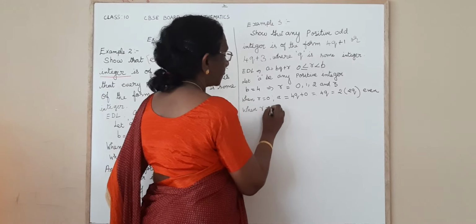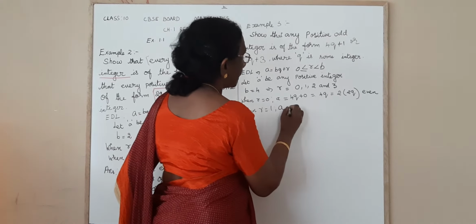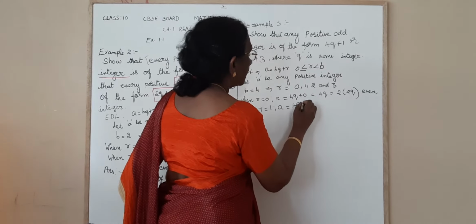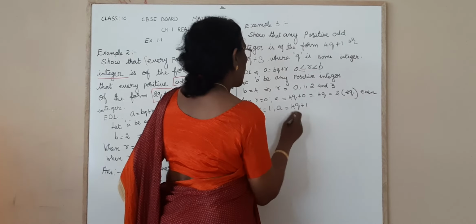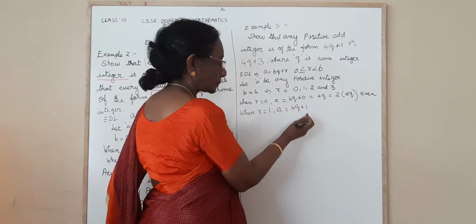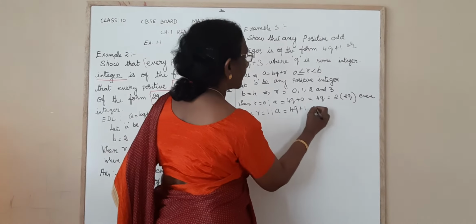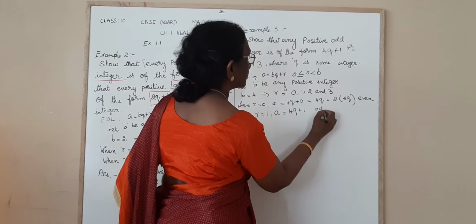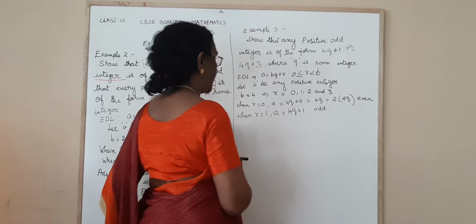Next, when r is equal to 1, a is equal to 4q plus 1. 4q is even number. So 4q plus 1 is an odd number, as I explained here.